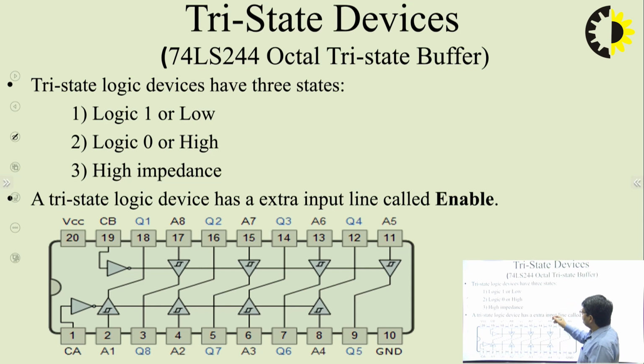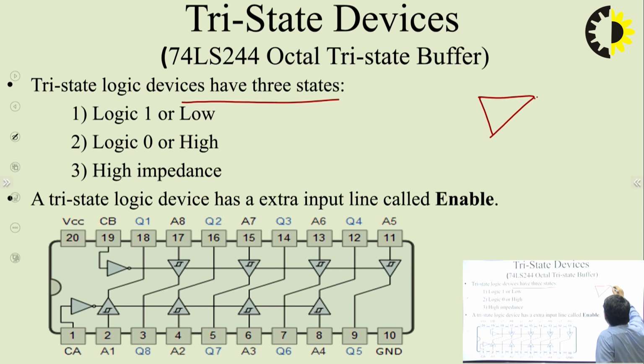One example is tri-state devices or tri-state buffer. So these are the examples of tri-state buffers or tri-state logic. Basically, here we will have the input and here we have the output.